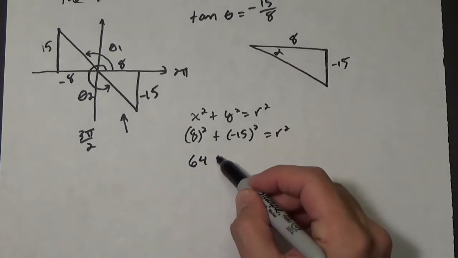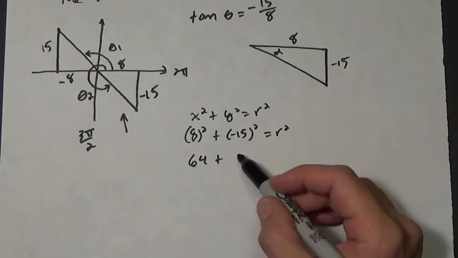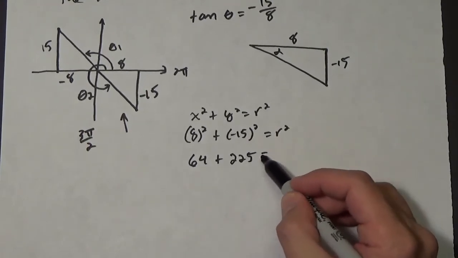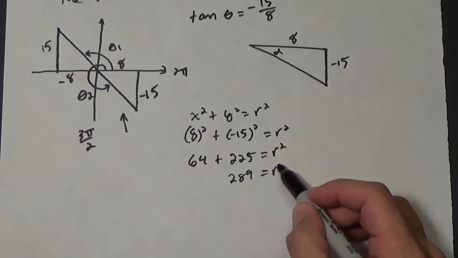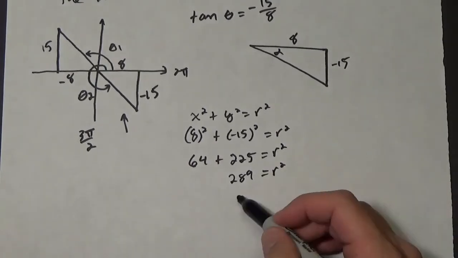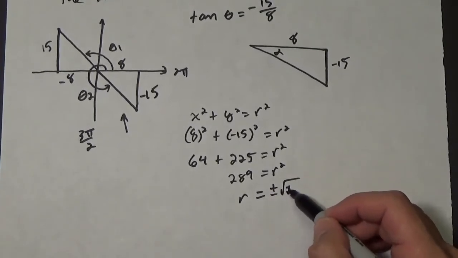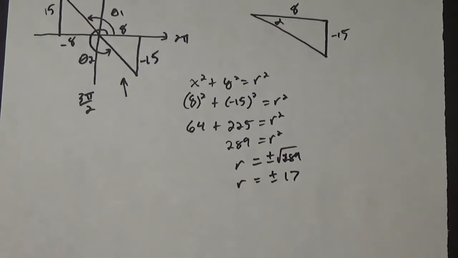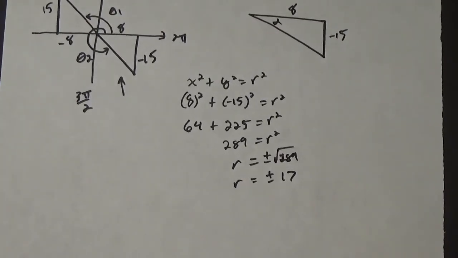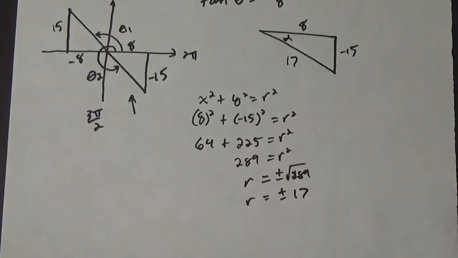So that's 64 plus a negative 15 squared, which is 225. So that's 289 equals r squared. And so r is plus or minus the square root of 289, which is plus or minus 17. So we got to figure out, is it plus or minus? Well, it's the radius, so it's always positive.